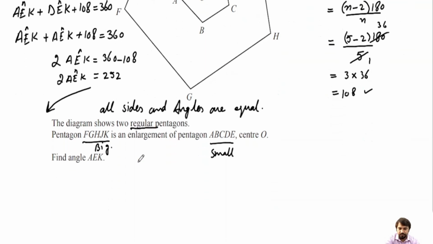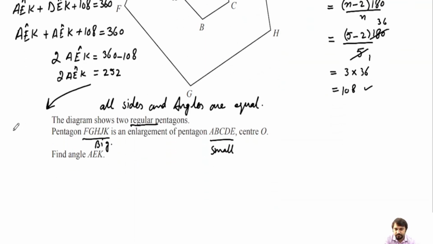Now we need to calculate only angle AEK, so that is 252 over 2, which is 126. So angle AEK is 126 degrees.